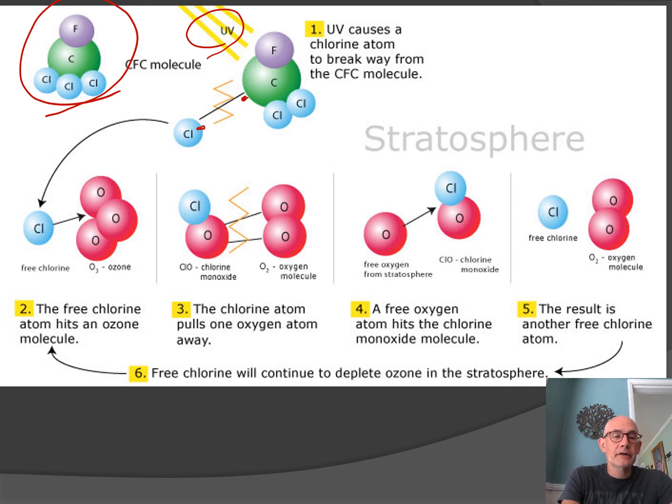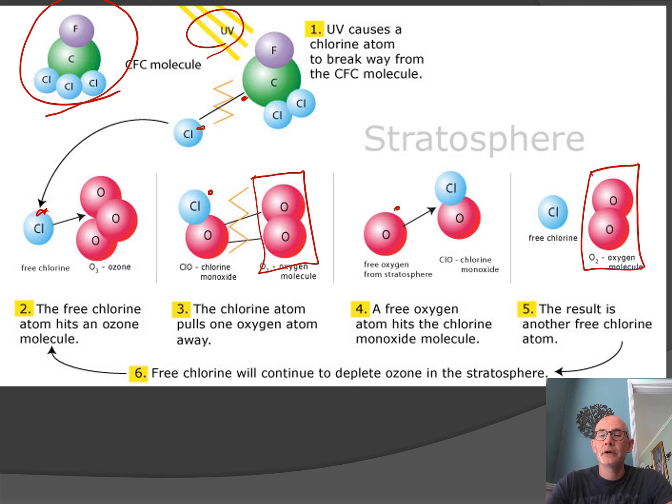So our free radical chlorine binds to our ozone and it splits it apart into free oxygen. Yay, nice and stable. But this over here, this chlorine monoxide, is still a free radical. And that binds with another free oxygen like this, and that produces another molecular oxygen. But that free radical is back.